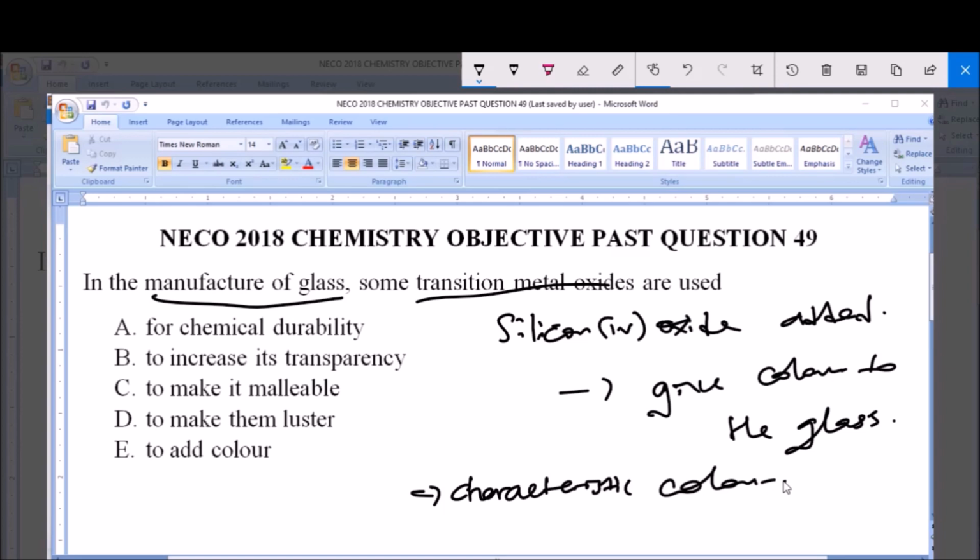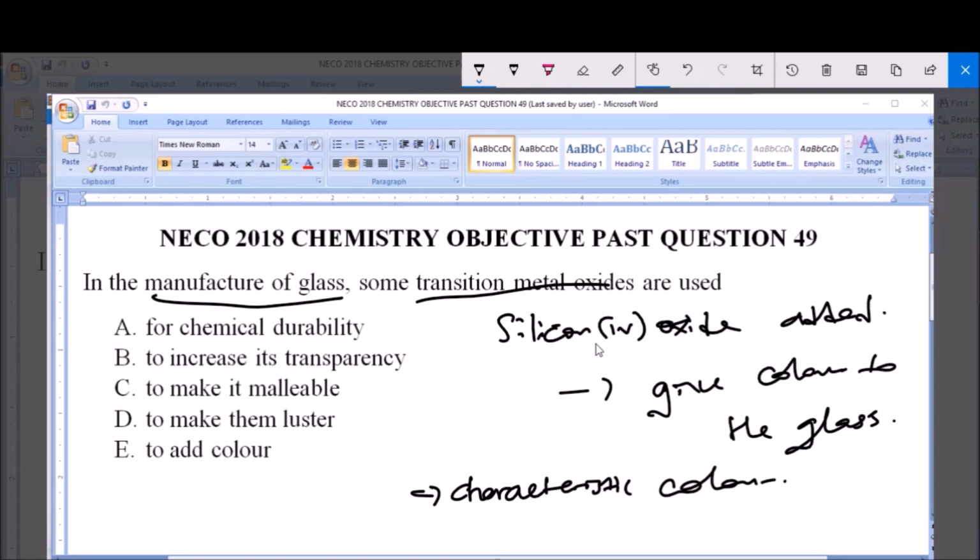Addition of a transition metal to glass will give it its own characteristic color, and this is how colored glasses are produced, by adding appropriate transition metal oxides to the silicon IV oxide.